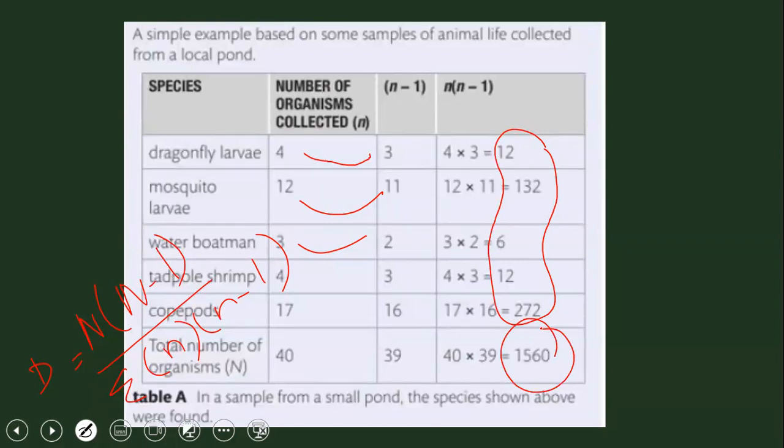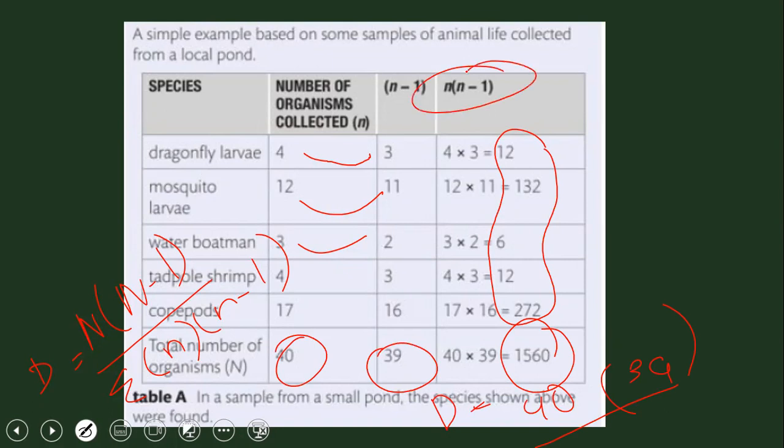So your formula goes like this: D equals N(N minus 1). Capital N is 40, so you write down 40 times (40 minus 1), and 40 minus 1 is 39, divided by the sum of n(n minus 1). The sum of n(n minus 1) is 12 plus 132 plus 6 plus 12 plus 272.